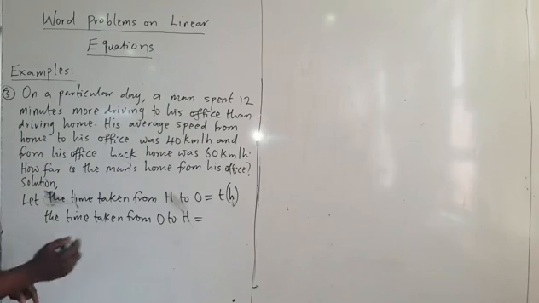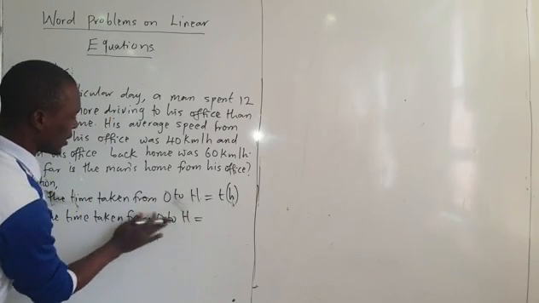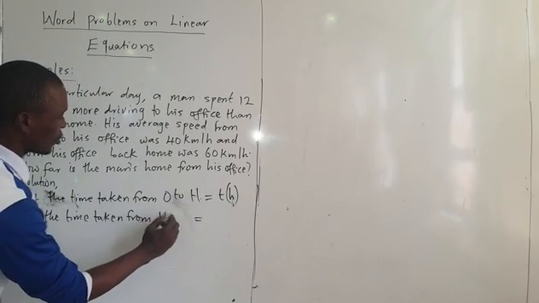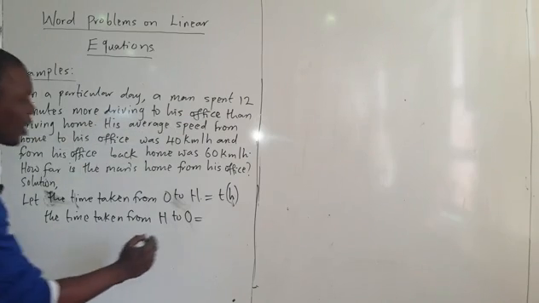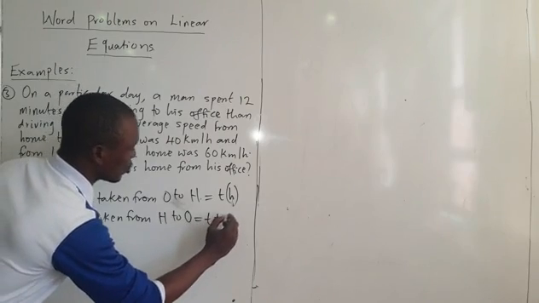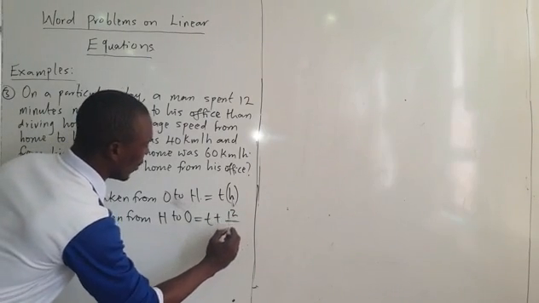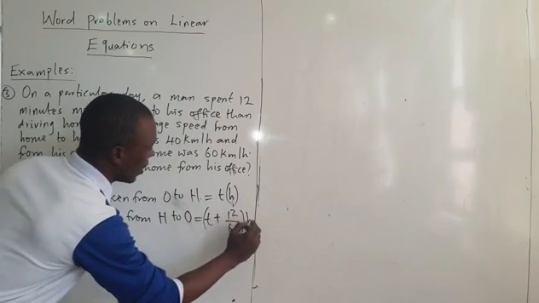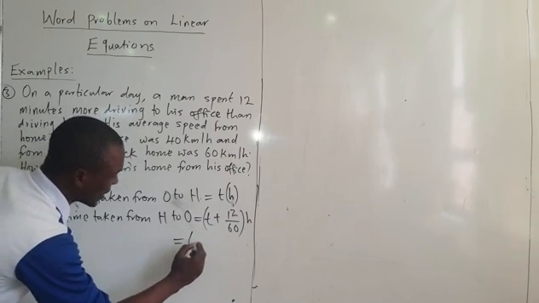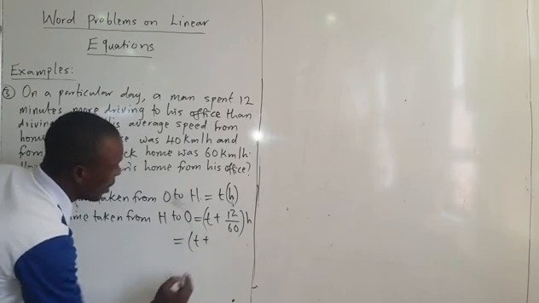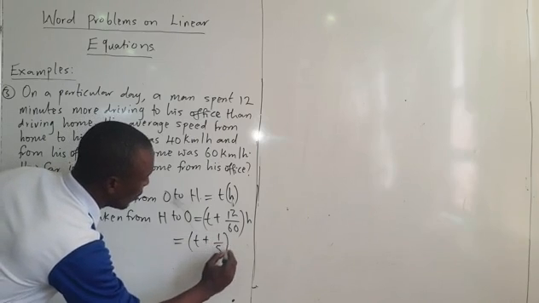Okay, this should be office to home for the first one, while the second one will be home to office. So 12 minutes more driving to his office, so it is now going to be T plus 12 minutes. But we are going to convert 12 minutes into hours, which is 12 over 60 hours. So T plus 12 over 60 is the same thing as T plus 1 over 5 hours.